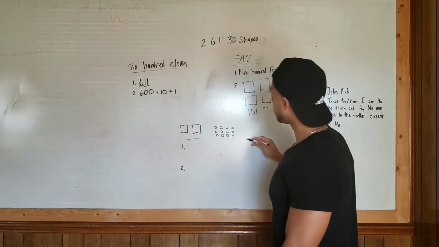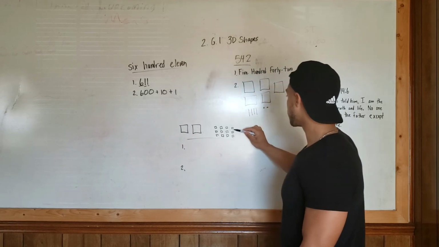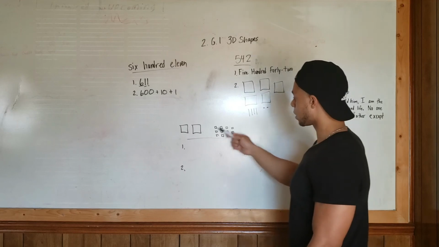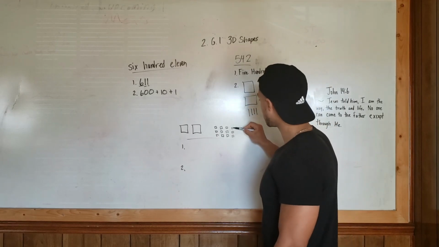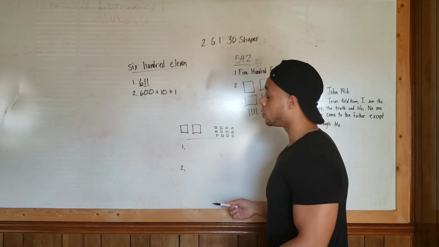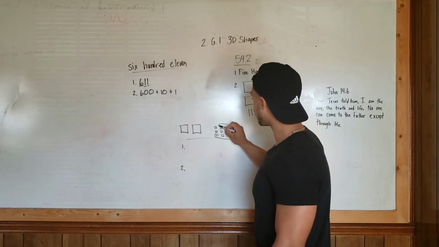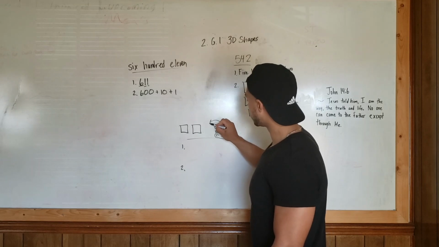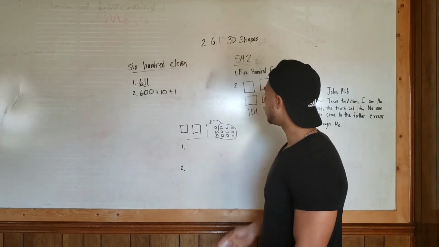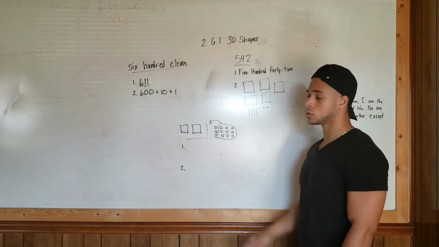And let's go on to your last problem. This one might be a little bit tricky. This is one you have to take your time with, starting in your ones place. Let's count up how many ones we've got, because it looks like we have too many to have in the ones place. 3, 6, 9, 12. And if you've been paying attention this year, you get your 10, group them up, and you move them over to your tens place. So now you have 200, and you have 110, and then you have your 2 ones left over.